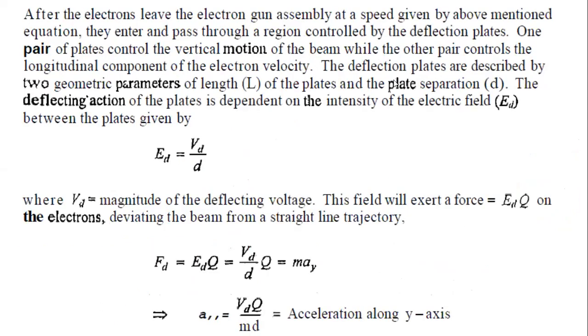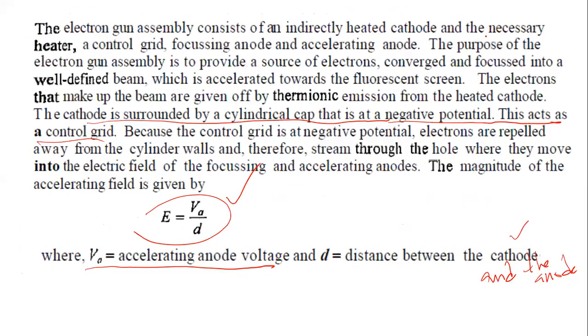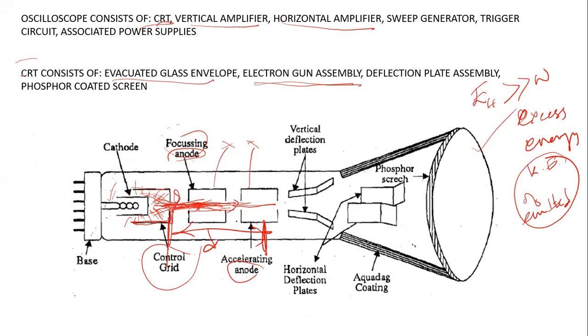Now, after the electrons leave the electron gun assembly at a speed given by this expression as given above, they again pass through a region controlled by the deflection plates. Okay, the deflection plates. So there are two types of deflection plates in this cathode ray tube.